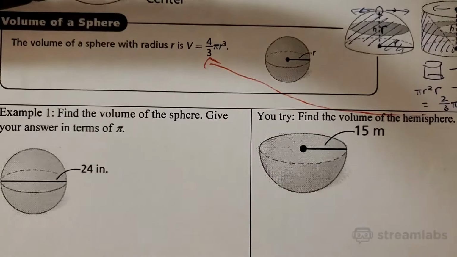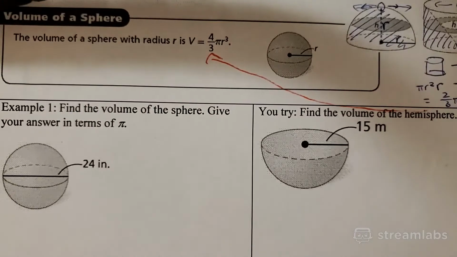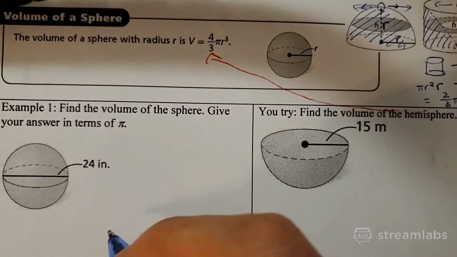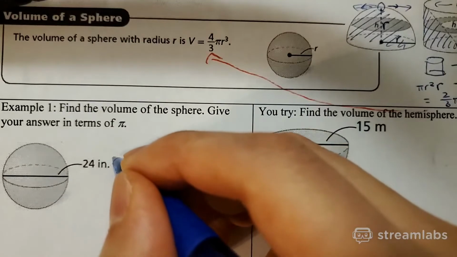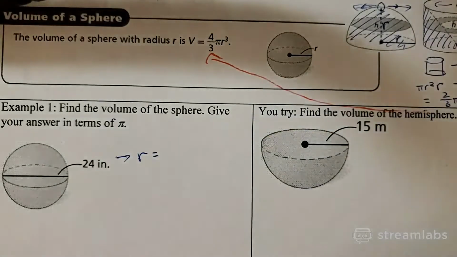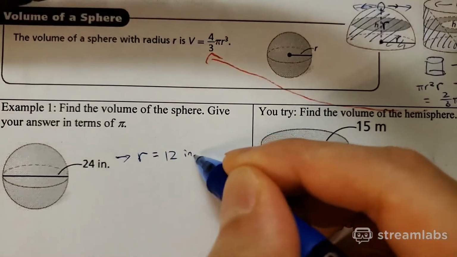Find the volume of a sphere. Give your answers in terms of pi. So you just apply the formula, but you have to first find out what r is. 4/3 pi r cubed, diameter is 24, so r is 12 inches, right?